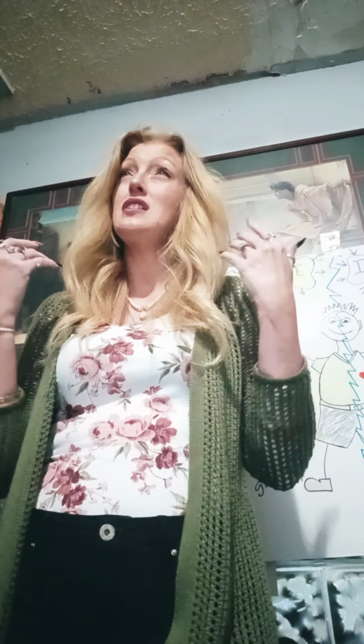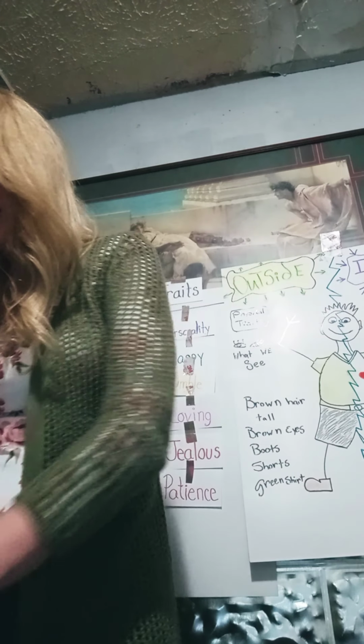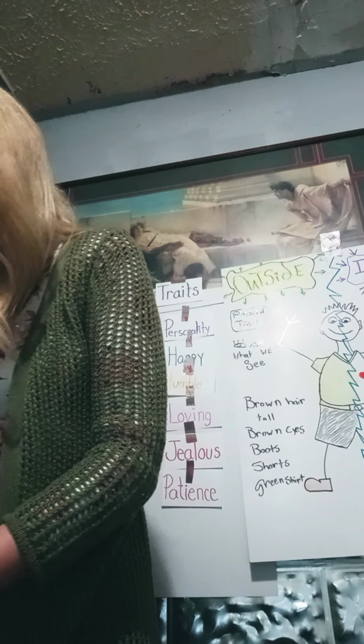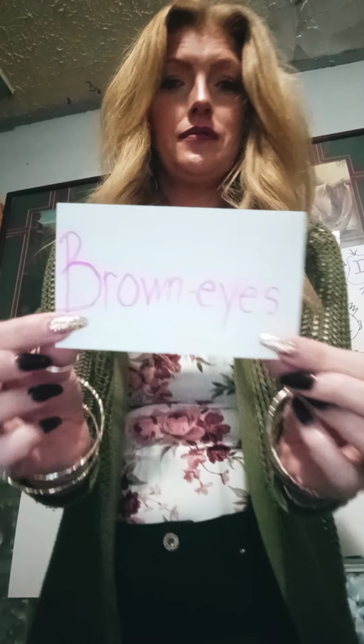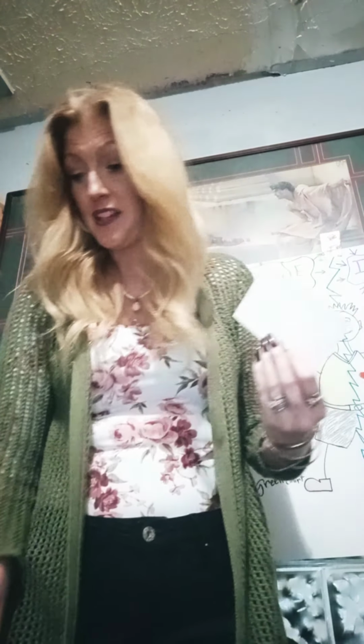Exactly, because you can't wear patience, right? I mean, you can show patience, but you can't wear it, right? What about this one? Brown eyes. That is a physical trait. Very good.